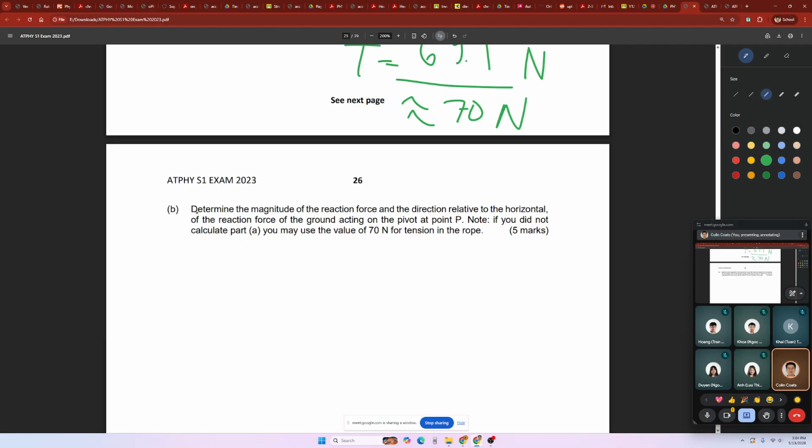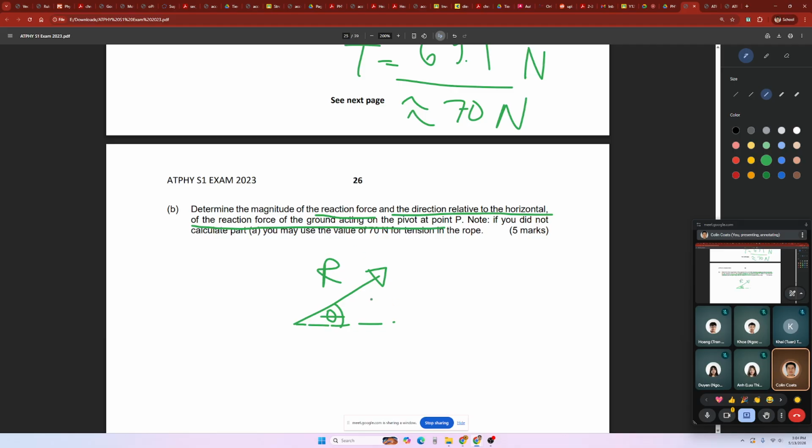We're going to move to part B here, and you should have the paper. Determine the magnitude of the reaction force and the direction relative to horizontal acting at the pivot point. So that means what is it, and relative to the horizontal means what's its angle this way, okay?